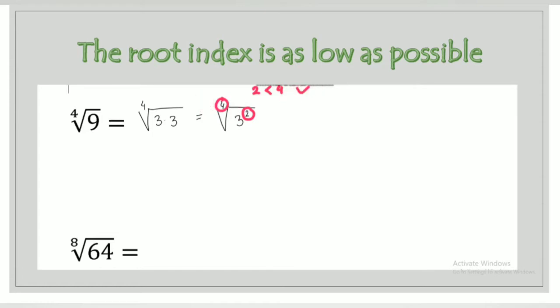It means it has fulfilled the first requirement. But if I convert it into an exponent, it becomes 3 to the power of 2/4, which I can simplify into 3 to the power of 1/2. Therefore, I can still simplify the radical by using a lesser root index, which is 2. So it is the square root of 3.